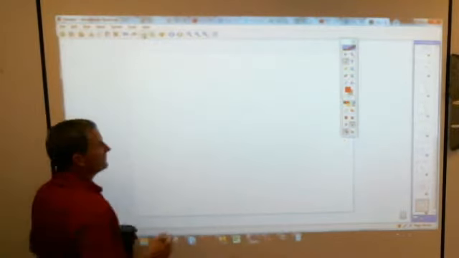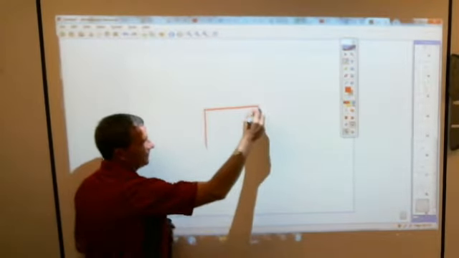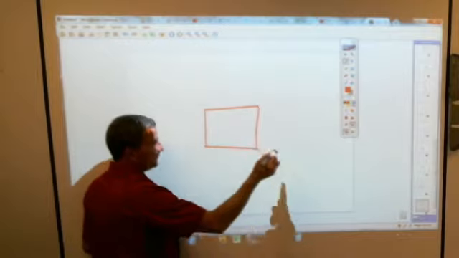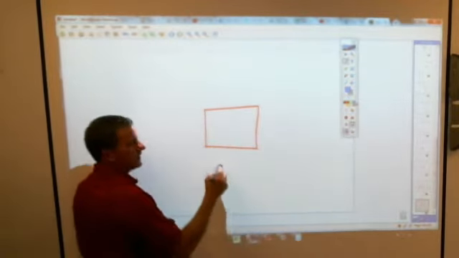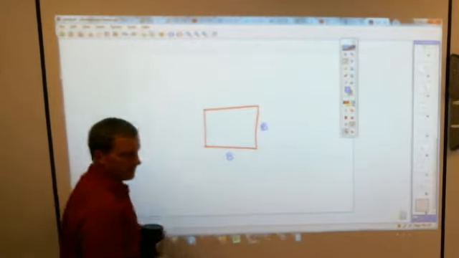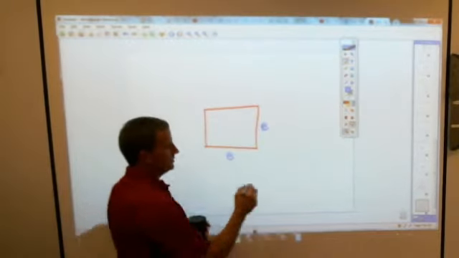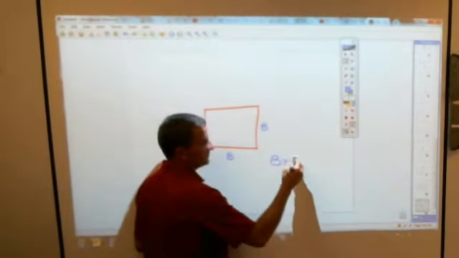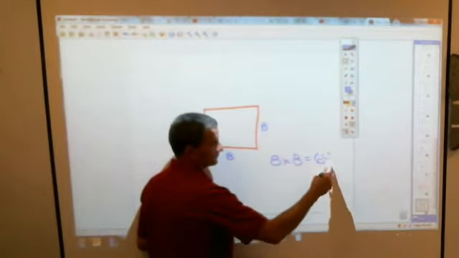Now, we also have to think about this in terms of squares. If I gave you a square, and I said that each side of the square was 8, what is its area? To which you would say, well, sir, 8 times 8 is 64.